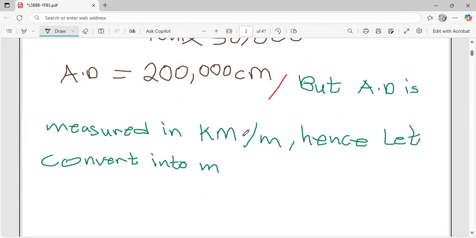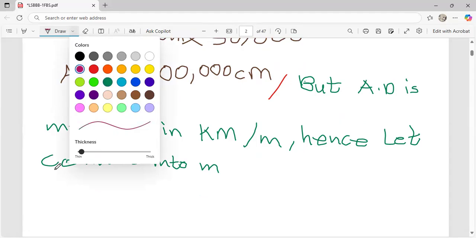From what we learned last semester, we realized that 100 centimeters is equal to what? 1 meter.